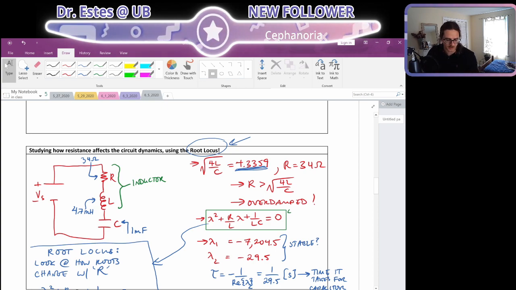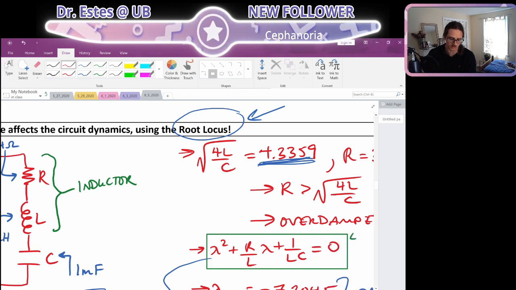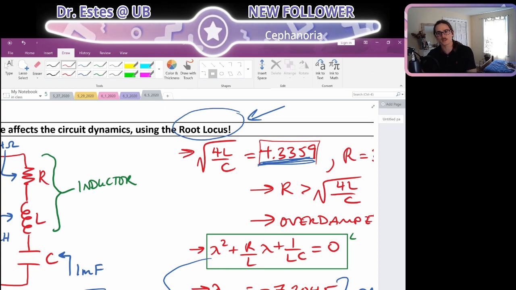So if we go back here, when the resistance is equal to 4.34, that's the critical damping that we solved for. And it's the barrier between being overdamped and being underdamped. So we're seeing the root locus give us that same result.